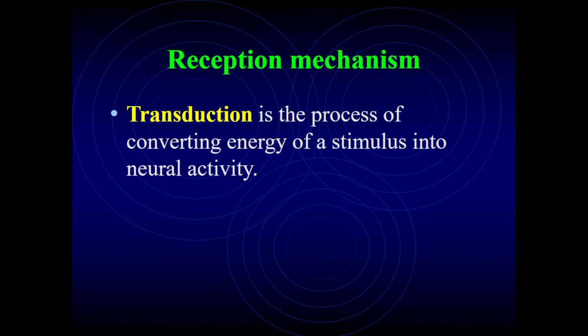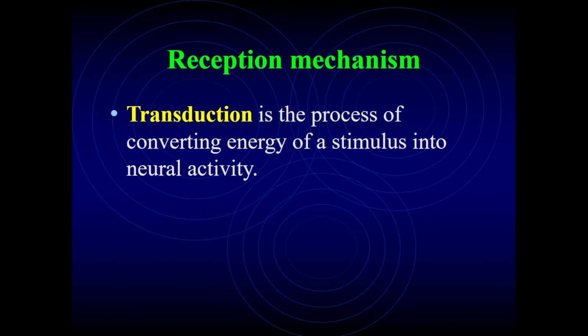Transduction is the process of converting energy of a stimulus into neural activity. Our sensory systems work by converting different types of stimuli in the environment, like visible light, sound waves, chemical molecules, into action potentials.